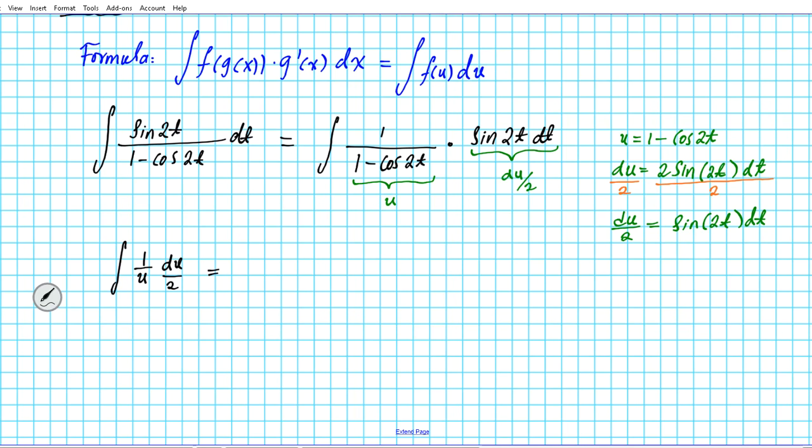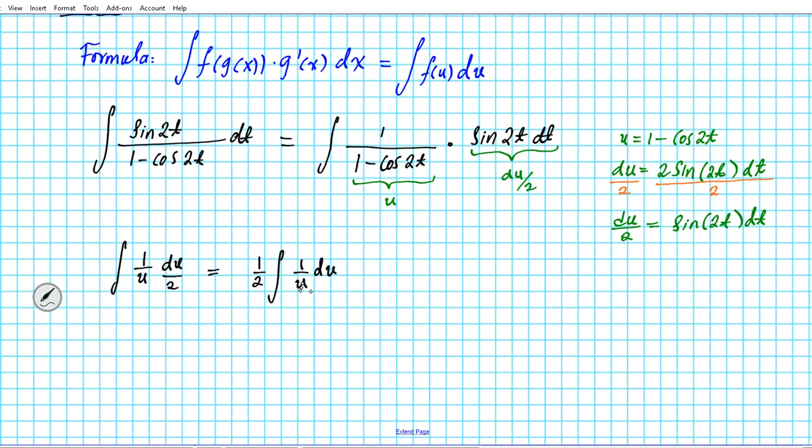Let's make it look pretty. Factor out that divided by 2, or multiply by 1/2. So we have 1/2 times the integral of 1 over u du. Do you see the power of the U substitution method? This complicated integral has completely been simplified into this elegant looking integral, which is very easy to integrate.